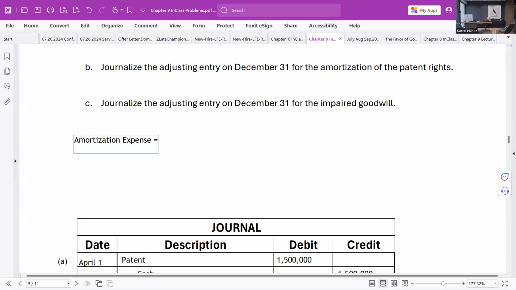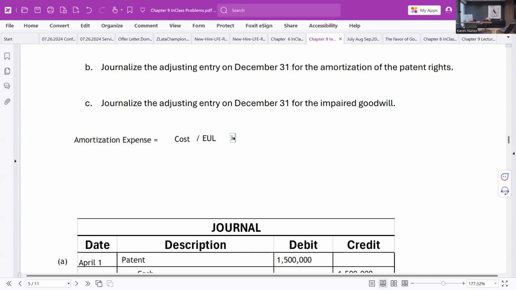What that means is we're going to take the cost of the asset and divide it by its estimated useful life.